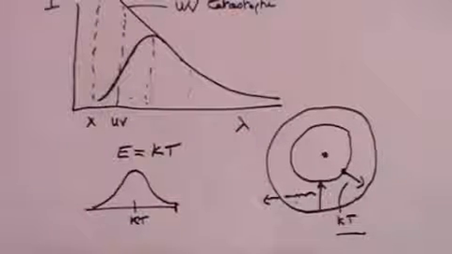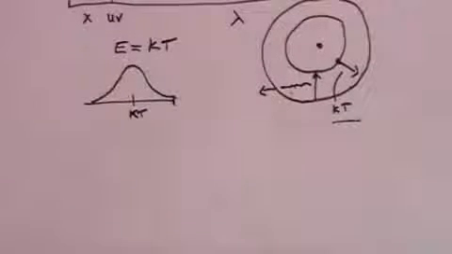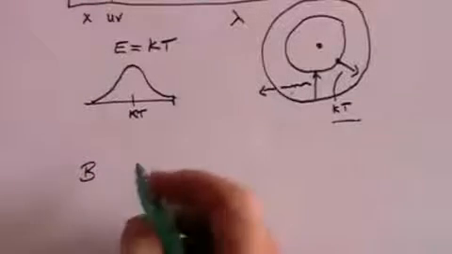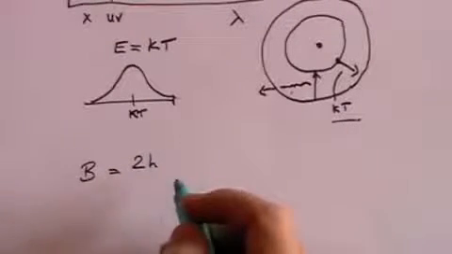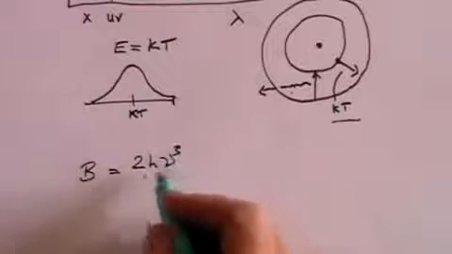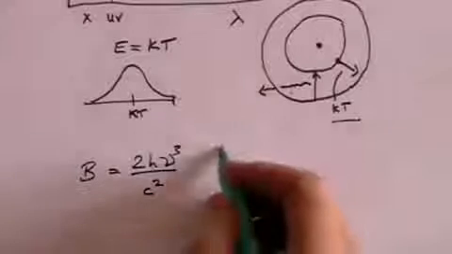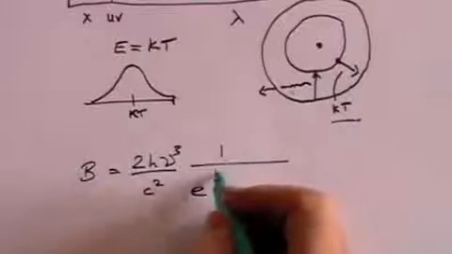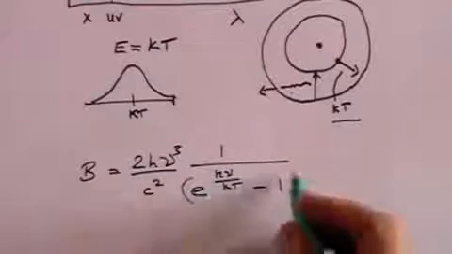For those of you who want the precise term, this was developed by Max Planck in a formula known as Planck's law, which says that B, which is spectral radiance, another term for intensity, is 2 times h, which is Planck's constant, times nu, the frequency cubed, divided by c squared, the speed of light squared, divided by e, the exponential, to the h nu over kT, minus 1.